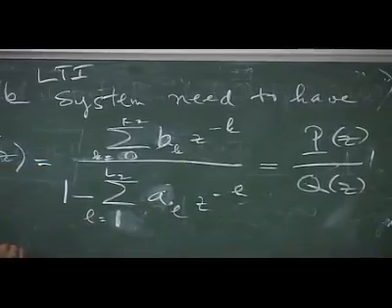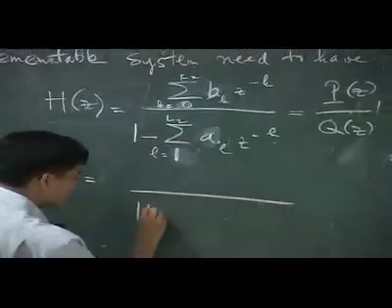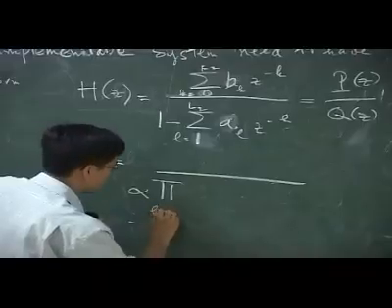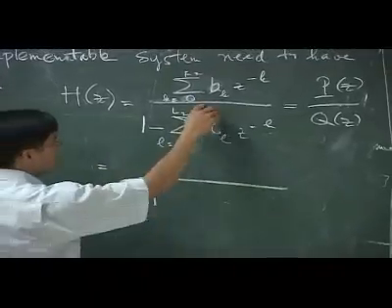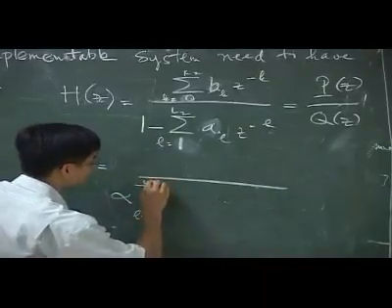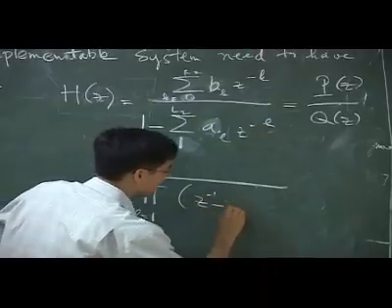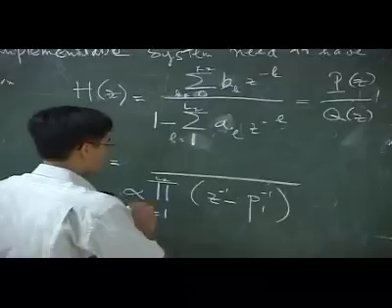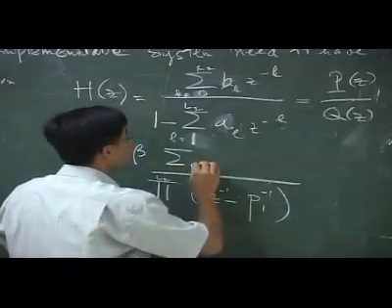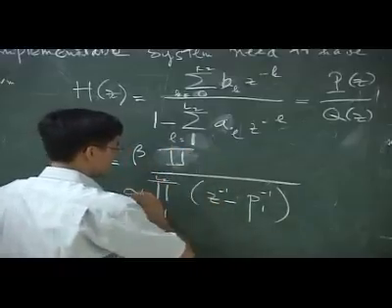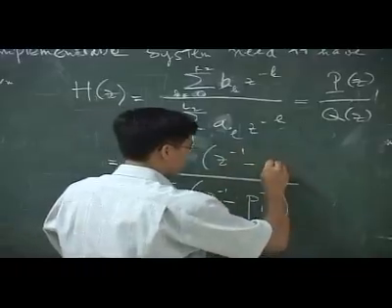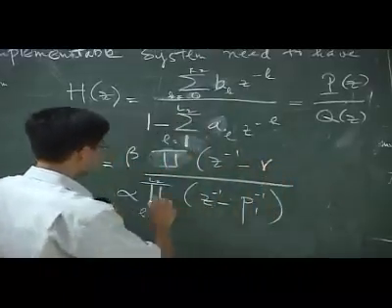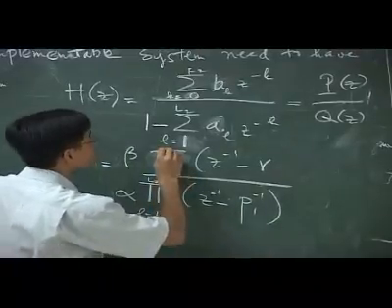So this one I can always write as a constant alpha times the product, L from 1 to L2, of (1 minus P_L Z to the minus 1), and I have a beta here, times the product of (1 minus R_K Z to the minus 1), with K going from 1 to K2.